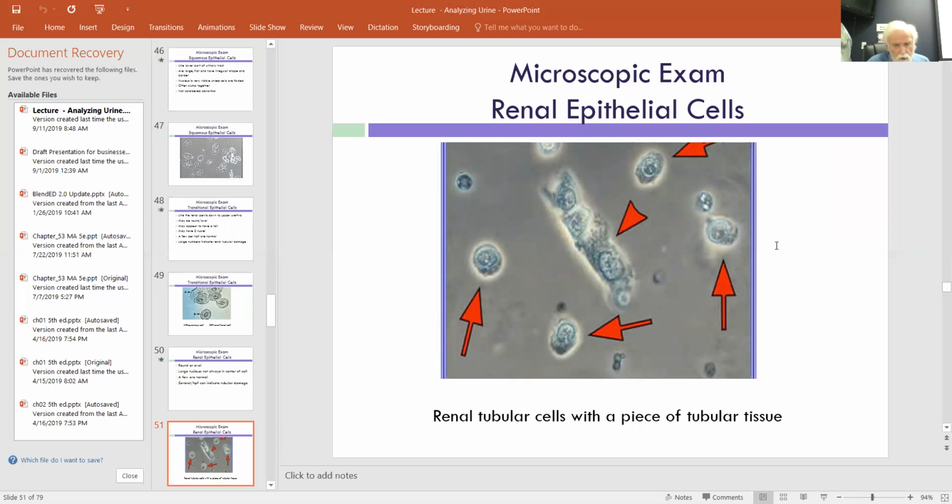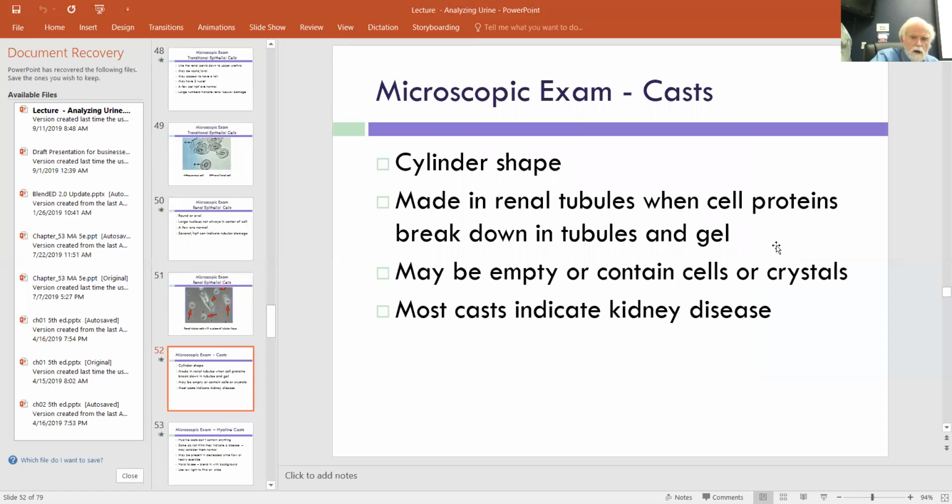We also may see these long structures of tubular tissue when we see these renal tubular cells in a sample. So you don't necessarily see the tubular part. Okay, so those are the kinds of cells we look at.